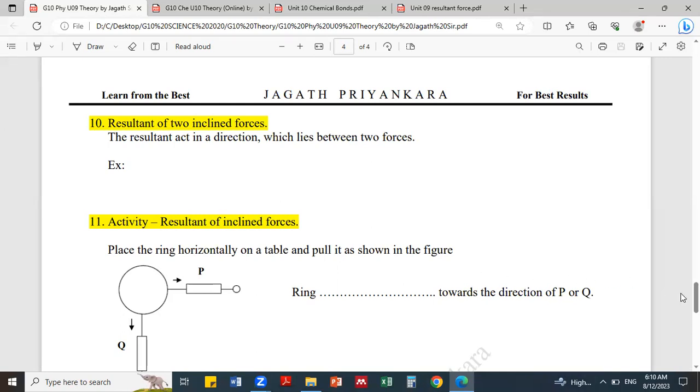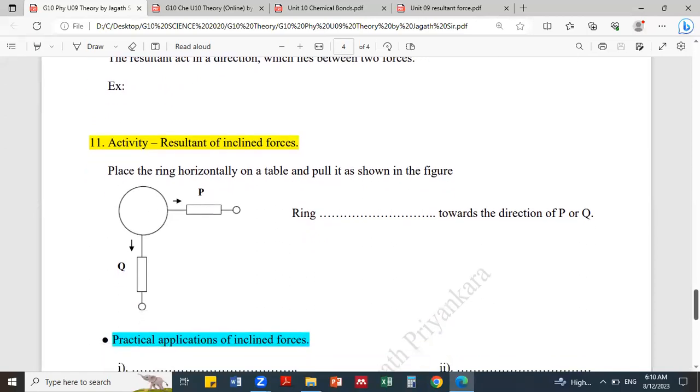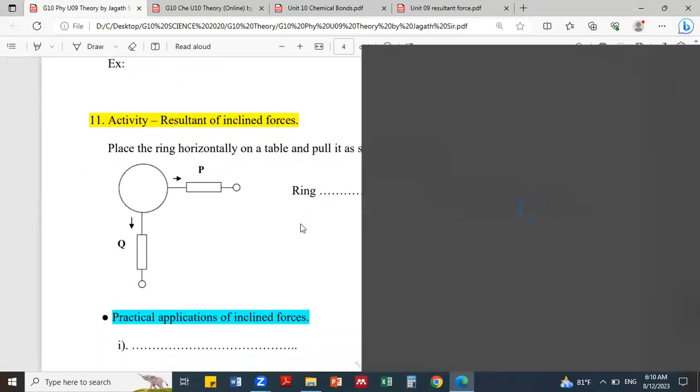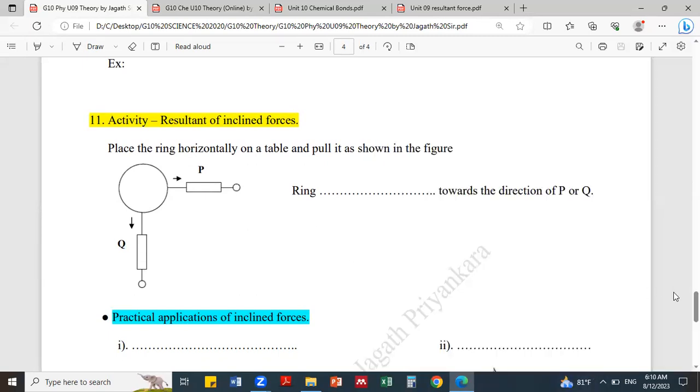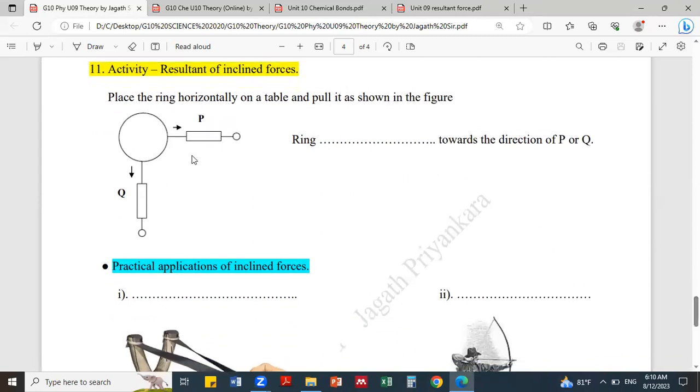Now imagine a situation: someone is pulling from your left hand, and someone from your right hand. When you stand, you keep your hands like this at an angle of 90 degrees. When someone is pulling from your left hand and the other one is pulling from your right hand, will you move towards either side?